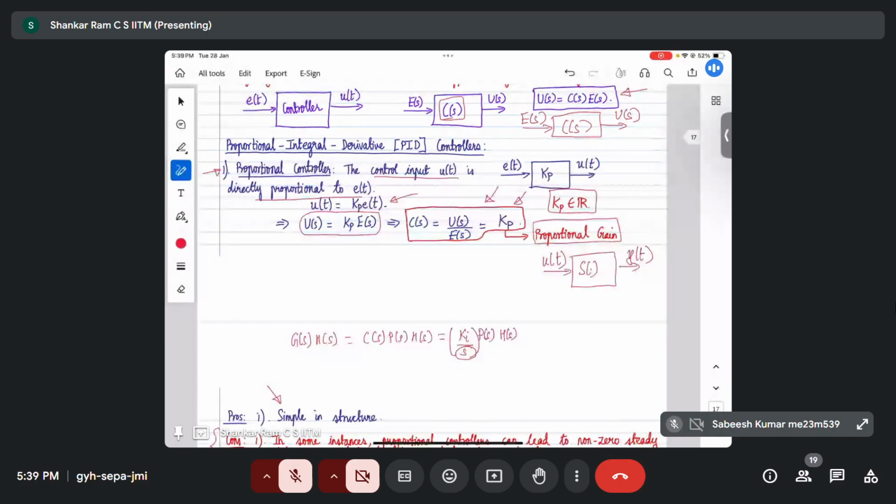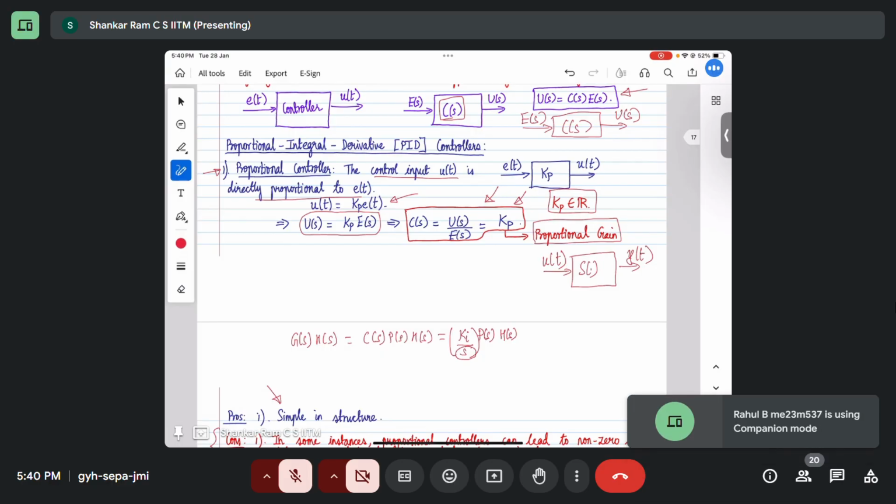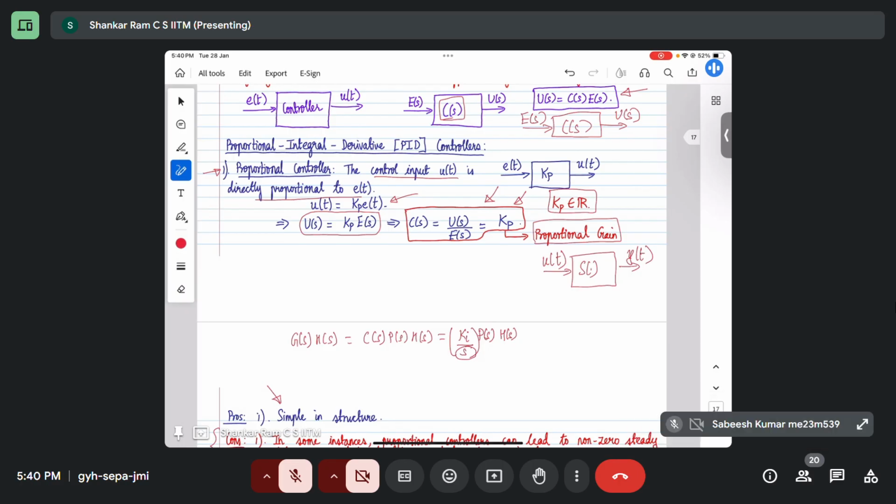When we talk about the relationship between u and y, what I could understand from your example is that u and y could be nonlinear functions of time, like cos omega t and so on. That's okay. But the question is, what is the relationship between y and u? Is that a proportional relationship? Then we have a proportional action.